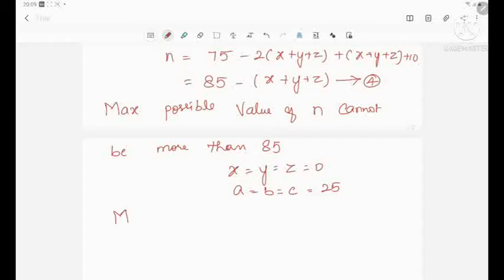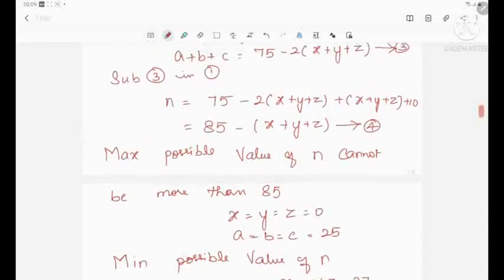Now let us discuss the minimum possible value of n, for which we need x plus y plus z to be as large as possible.